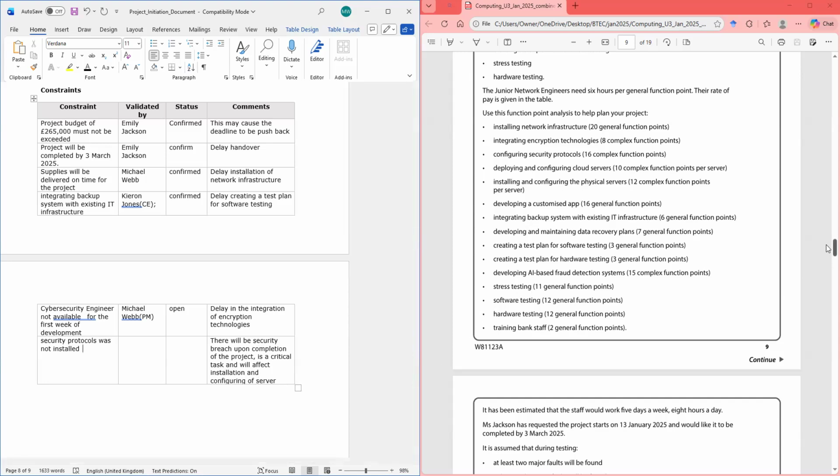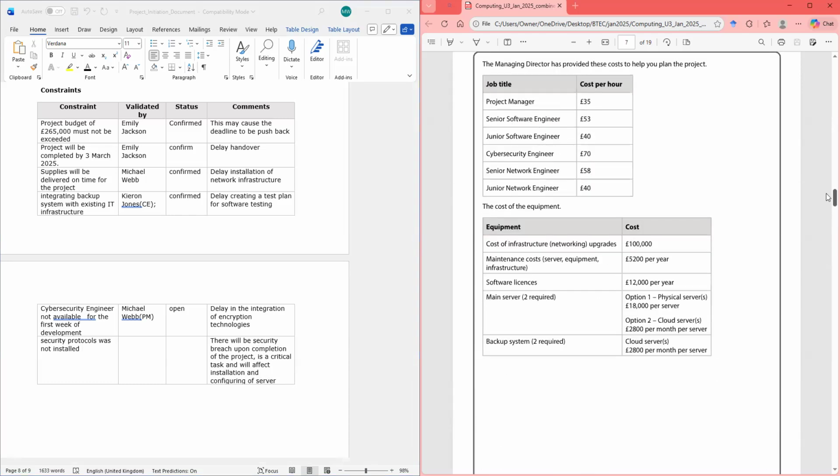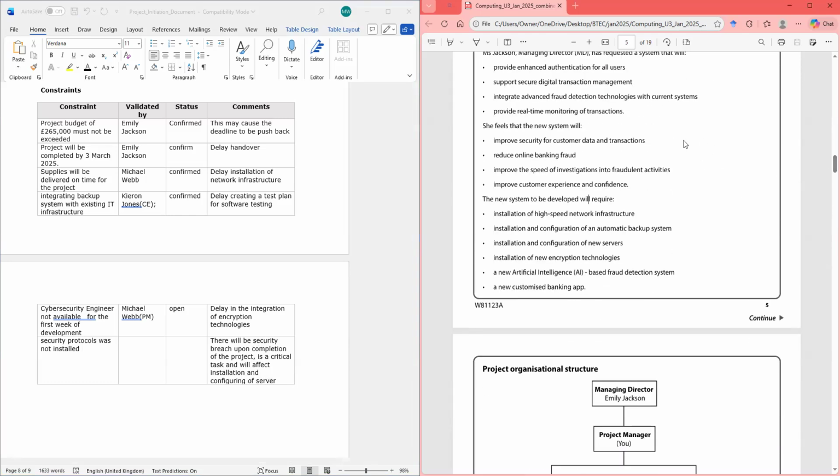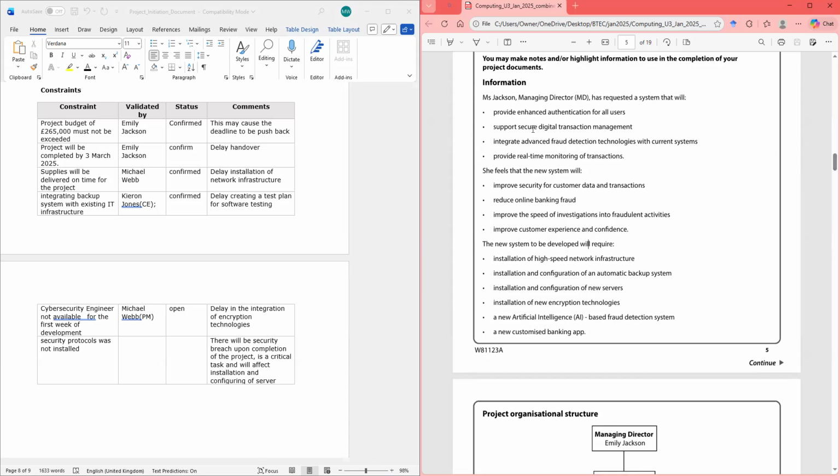So look at it this way. We're going up here. That's where we get the security protocol from at the top. So if we have no security protocol, right, then there would be a problem when we have completed the project.